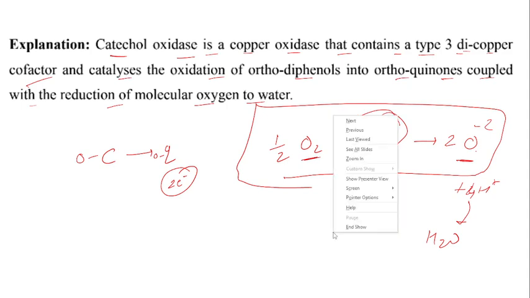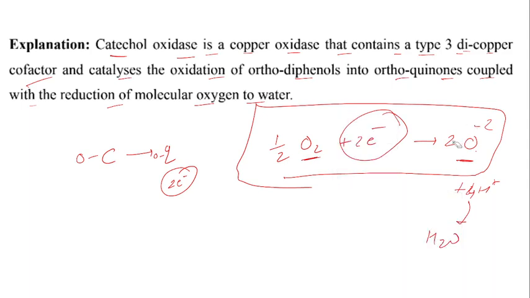If you want to balance this reaction, just a minute, I need to balance it because it is not 2 oxygen, only 1 oxygen. I wrote only half O2, so half O2 means 1 oxygen reduced. Then there are 4 electrons, so it will make H2O. So this is all about how catechol is oxidized to orthoquinone in the presence of catechol oxidase.